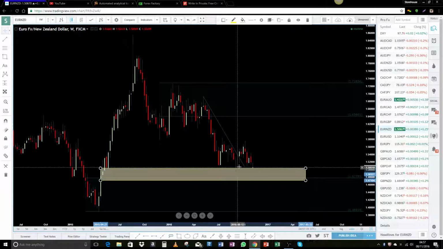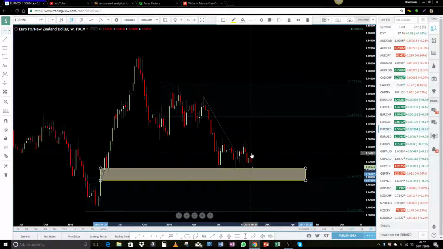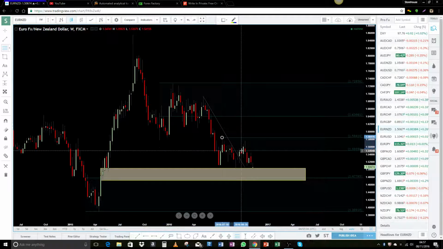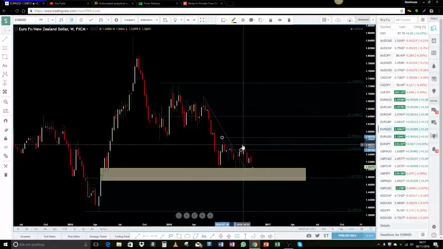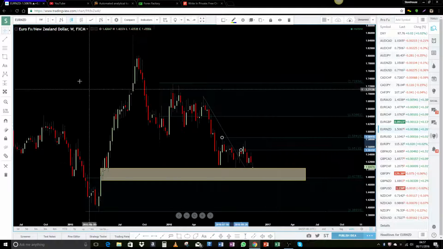It's been tested once, so we know it's probably not as strong, but the fact that it was tested very marginally still gave us an indication that there might be some orders left in here. So this was quite an aggressive trade. We see that the weekly supply zone that was holding price down was there. So again, this very tight range in the weekly.